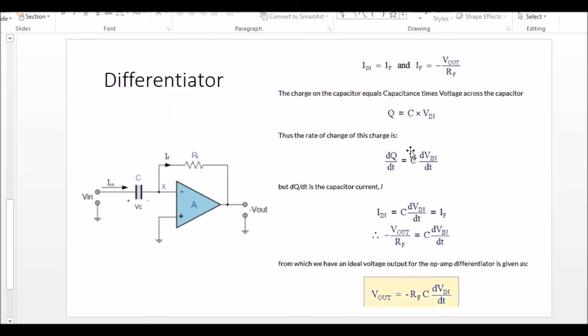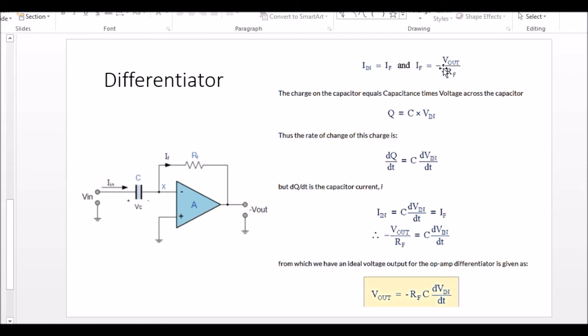If you want to go into the details of the differentiator, you know that a current is flowing from here to output. So input current is equal to your feedback loop current IF, which is equivalent to the output divided by RF. You know that input current is, since it's a capacitor in the input part, C times dVin by dt, but it's also equivalent to IF.